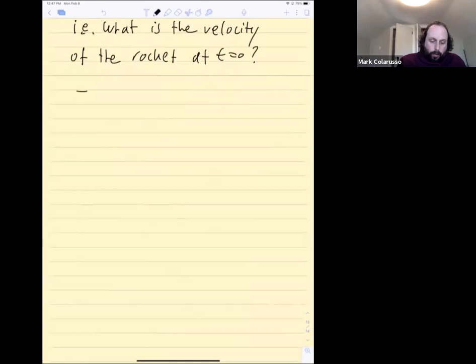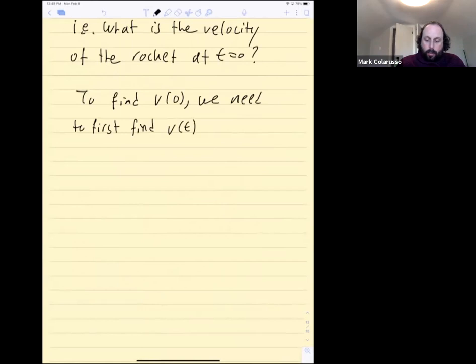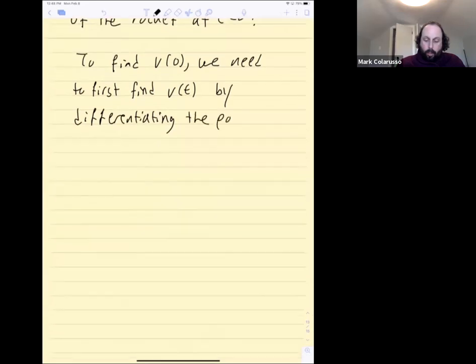So to find v of 0, we need to first find v of t by differentiating the position function. That's here. And then we can evaluate the result at t equals 0.